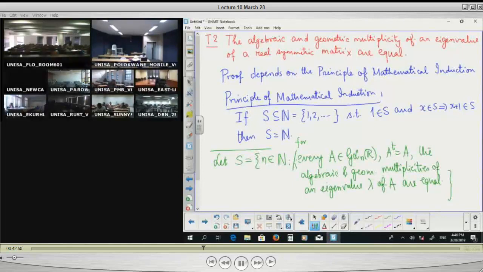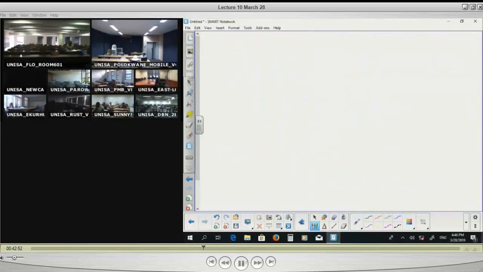Surely 1 is in the set. If you take any square matrix of order 1, it means something like this, A. What is an eigenvalue of it?